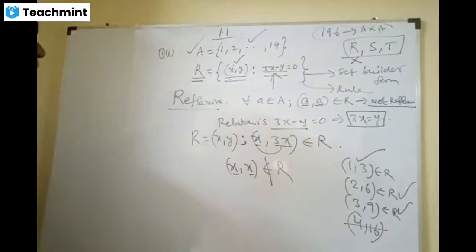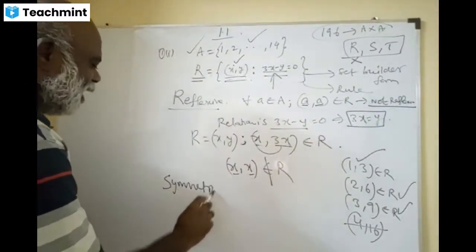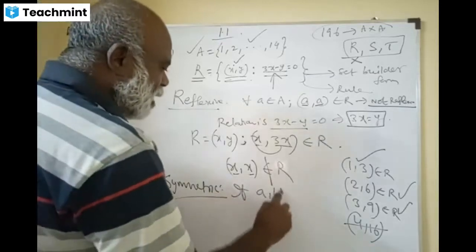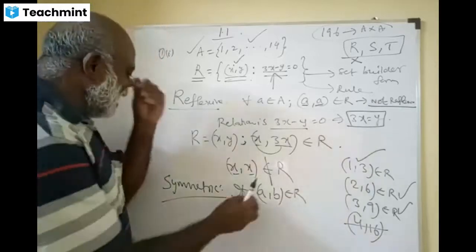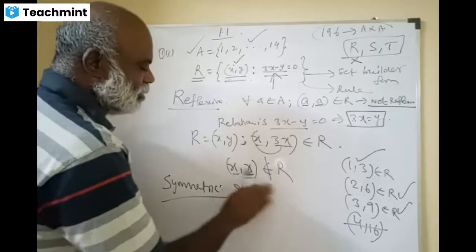Right. The next one is the symmetric part. The general definition: if (A, B) belongs to R, you can take (A, B) or (X, Y) also, it doesn't matter.